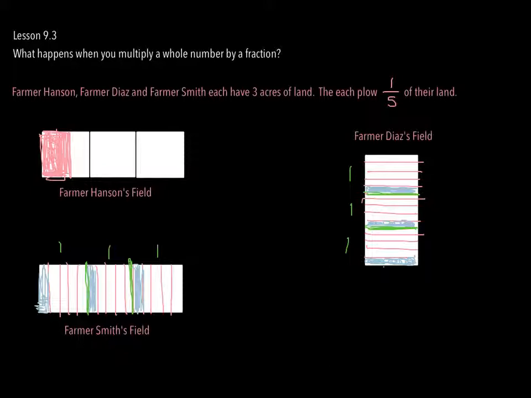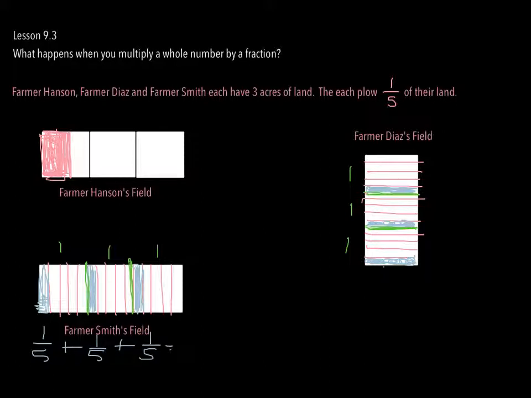So our question is, do we know how much was plowed? If we look at Farmer Smith's field, we need to figure out how much of a field was plowed. When we math it up, we have 1/5 of an acre here, plus 1/5 of an acre here, plus 1/5 of an acre here.